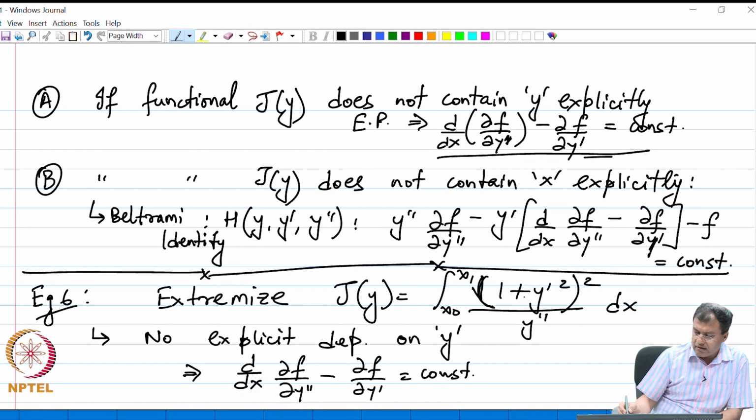However, there is a further simplification that we can perform. Notice that this integrand is also independent of x. So, there is no explicit x dependence in this integrand, which means that we can also use the Beltrami identity.